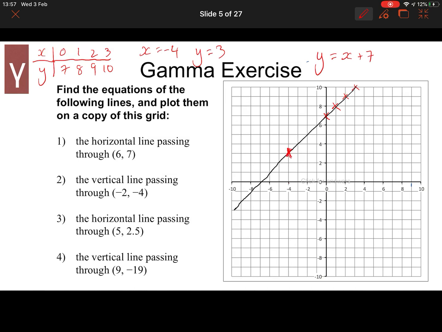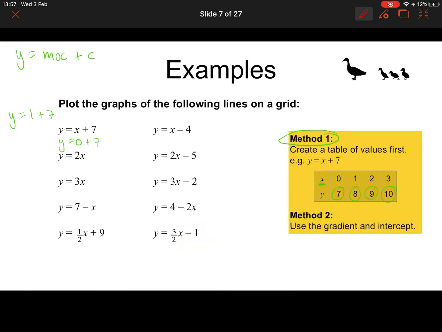Well, if x is -4, y should be equal to 3. So (-4, 3), you'll see that does appear on my line. So there are infinitely many points that can be on the line, and so my line has to carry on to the left and to the right forever and ever. Okay?